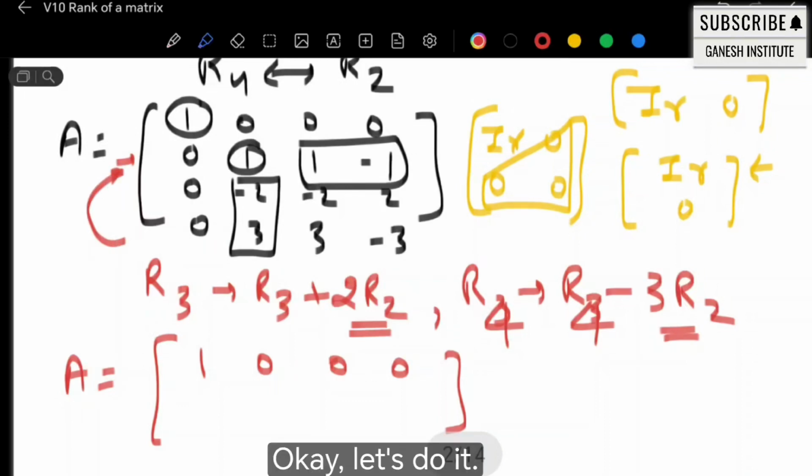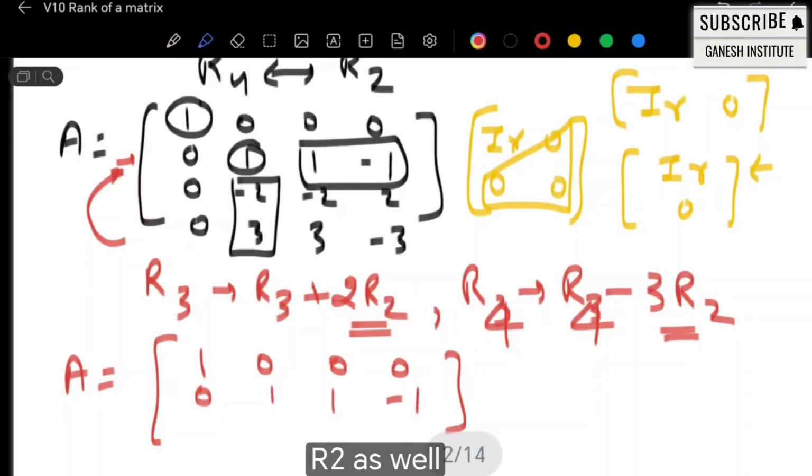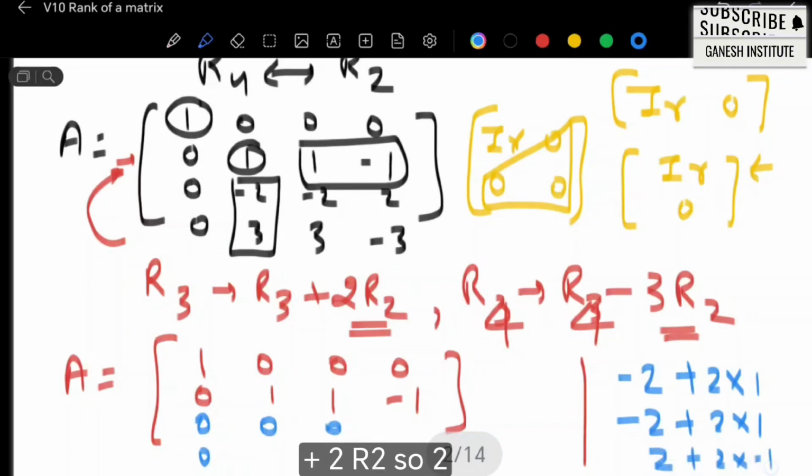Okay, let's do it. In R3, what am I doing? Let's do rough work here. R3 plus 2R2, so it is 0. R3 plus 2R2, again 0. R3 plus 2R2, so 2 minus 2, again 0, right?